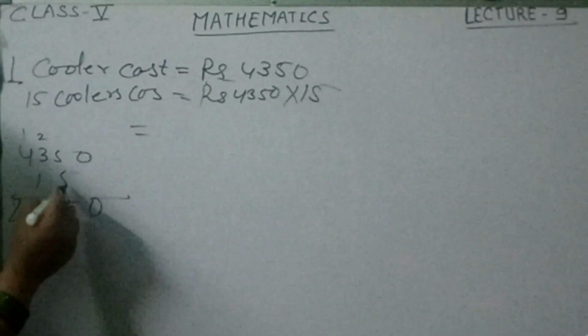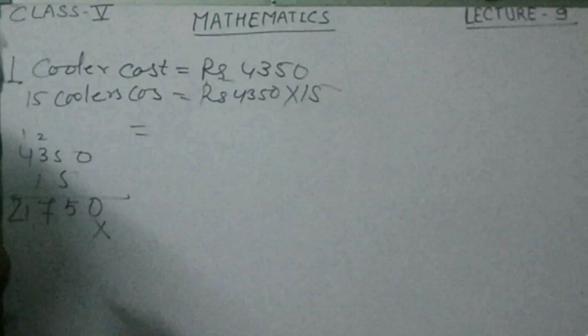After multiplying once, you have to put the cross mark and then start.